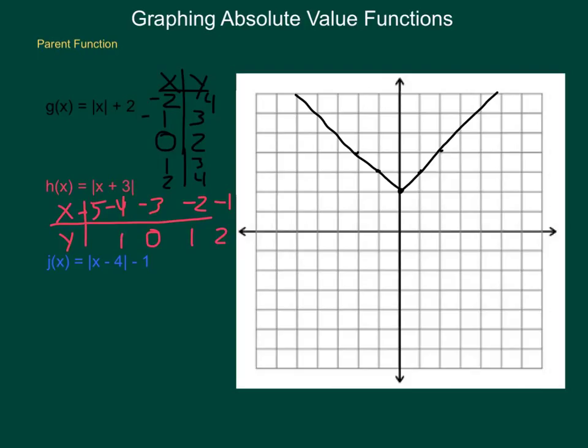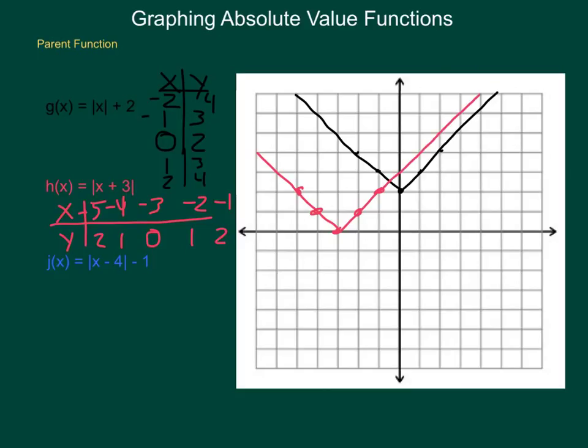And using -5, plus 3 is -2, whose absolute value is 2. So I get the points (-5, 2), (-4, 1), (-3, 0), (-2, 1), and (-1, 2). So tracing this out, connecting the dots and extending, I end up with a function that looks like that.